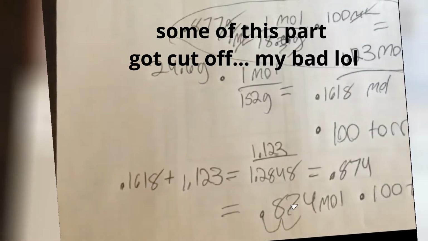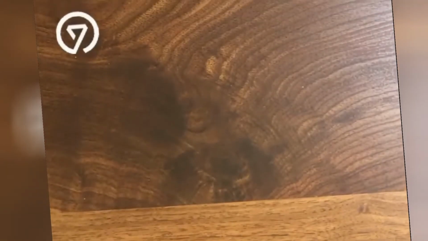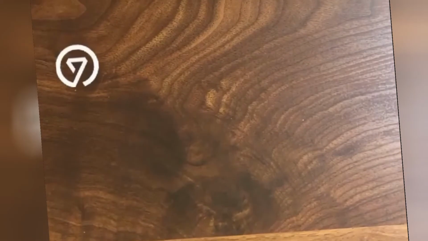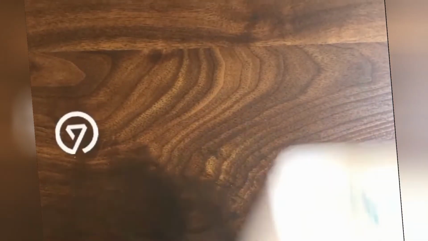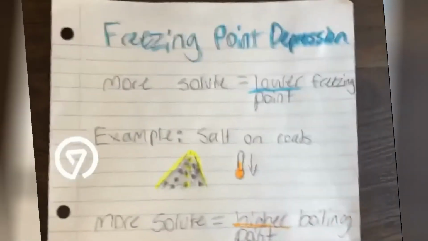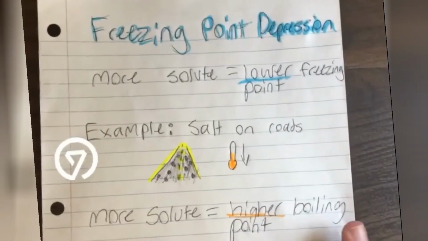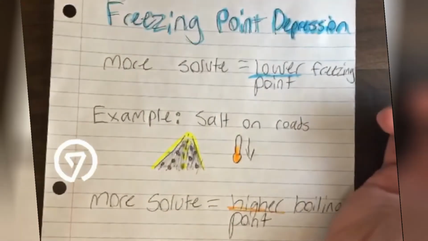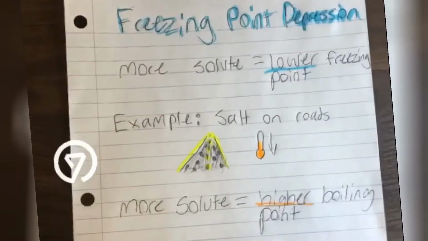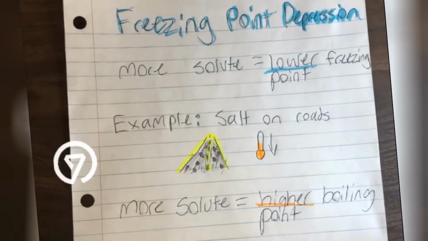All right, next one. Oh goodness, the next paper's really messed up now. But let's get into the freezing point depression and boiling point elevation. So more solute is going to lower the freezing point. An example: the salt on the roads. Why do they put the salt down?